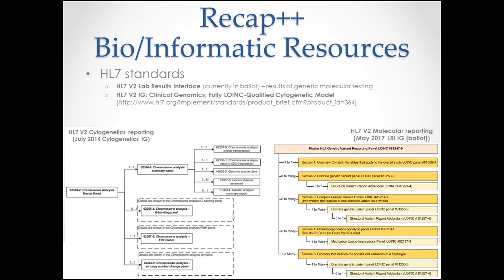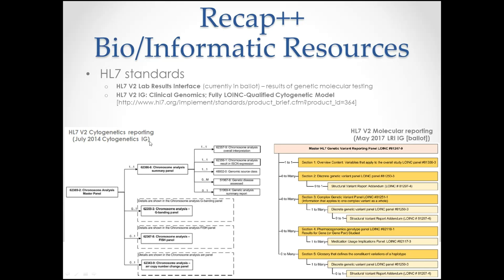One of the other bioinformatics resources that we have spent some time on throughout the course are these HL7 version 2 standards. And as we talked about, there really are two main HL7 version 2 standards.